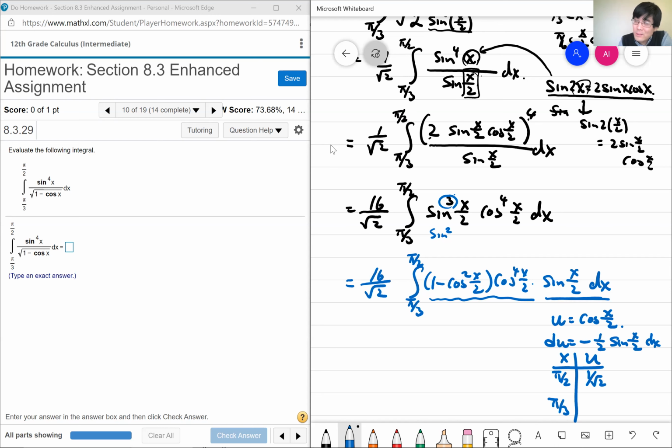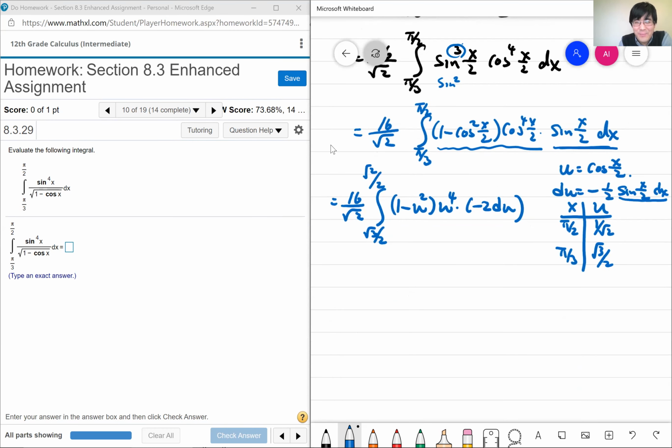When you plug in pi over 3, it's going to be square root of 3 over 2. So it's going to be 16 over square root of 2, and it's going to become 1 minus u square, u to the 4th. This will become minus 2 du. It's a long computation. Let's put negative 2 outside.